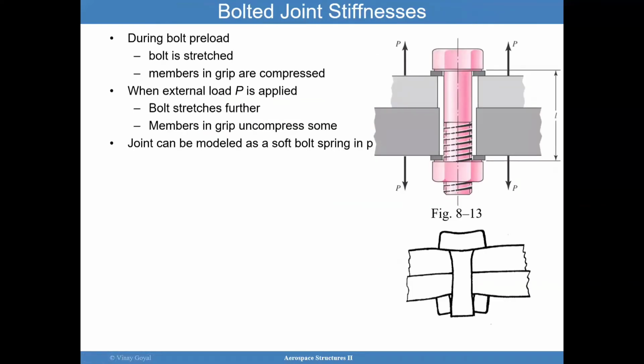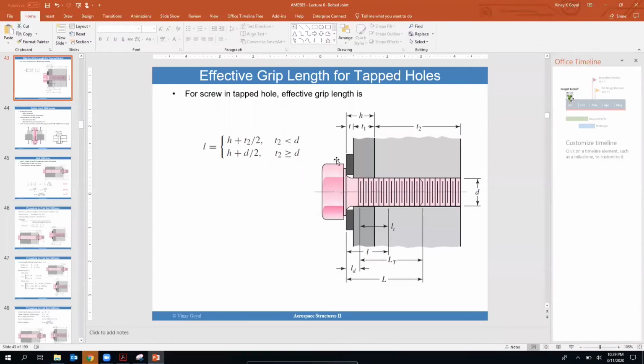So how do we calculate bolt joint stiffness? That's very important to really understand what is going on with the design. I want to go back a little bit and make sure we understand the effective grip length. The effective grip length is going to be important because that connects the plate here and the plate here.